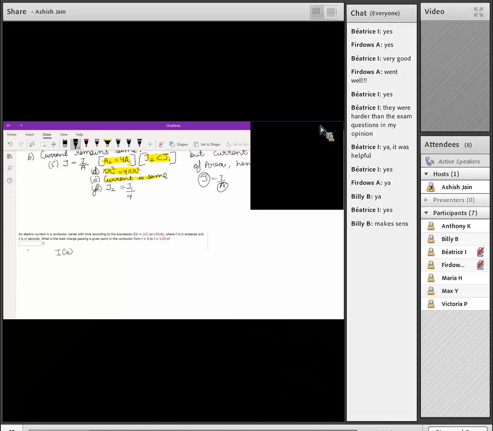This says an electric current and carry varies with time. So now electric current is a function of time, given. Whenever you see something that is a function of time in a problem, you should always assume that there is a derivative or integral involved in the question.